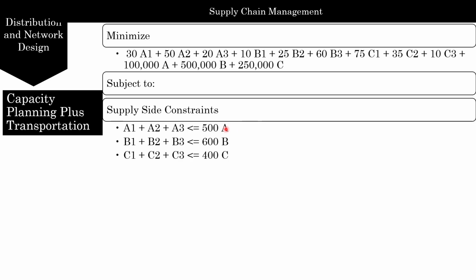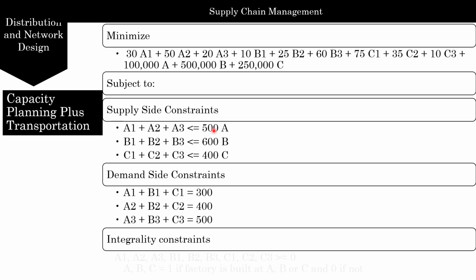If A is equal to 0, this 500 disappears. So if you look at this, A1 plus A2 plus A3 is less than or equal to 500 multiplied by A. And if A is equal to 1, then this will be 500. If A is equal to 0, this will be 500 multiplied by 0. And so the sum of these three will be less than or equal to 0.